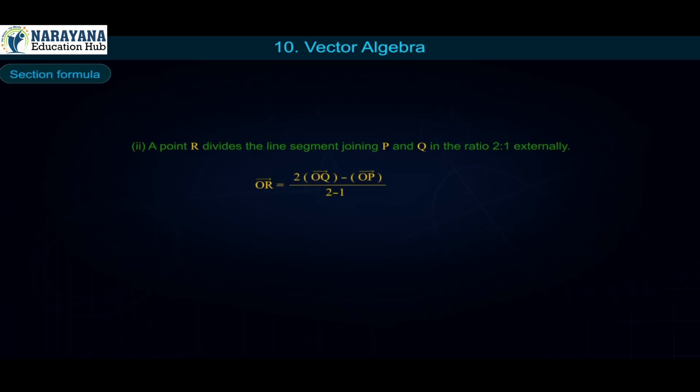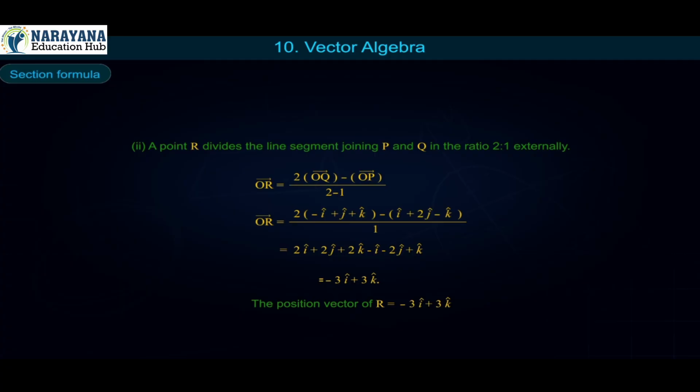Vector OR = (2 vector OQ − vector OP)/(2 − 1) = (2(−i cap + j cap + k cap) − (i cap + 2j cap − k cap))/1 = −2i cap + 2j cap + 2k cap − i cap − 2j cap + k cap = −3i cap + 3k cap. The position vector of R is −3i cap + 3k cap.